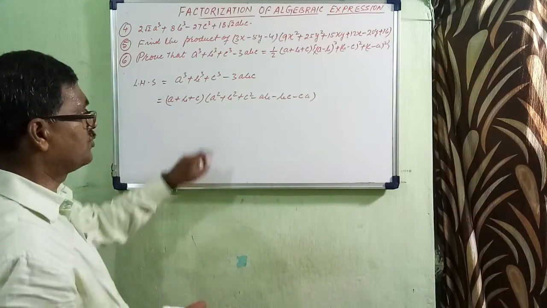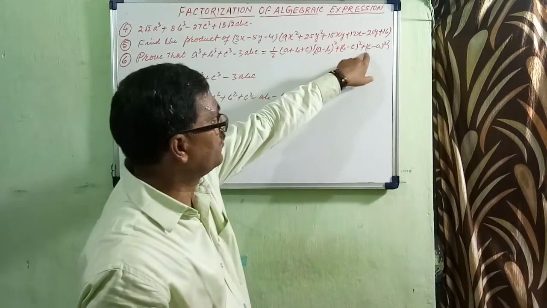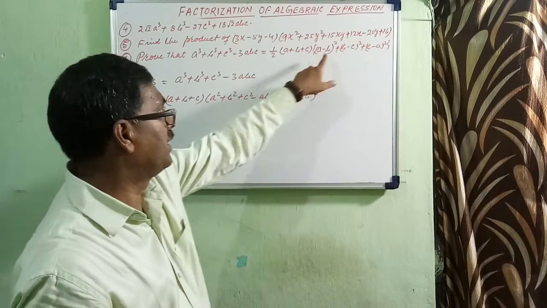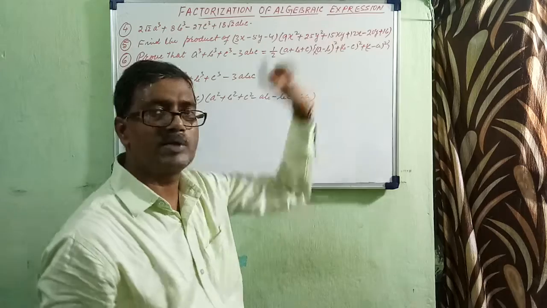What you have to do is convert this whole into (A minus B) whole square, (B minus C) whole square, (C minus A) whole square.